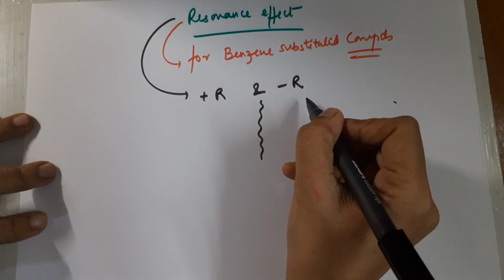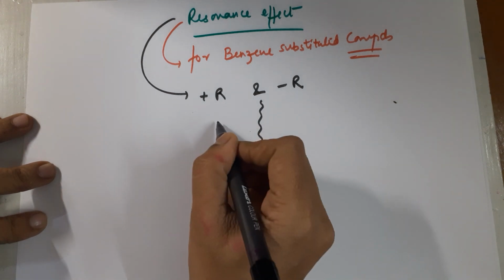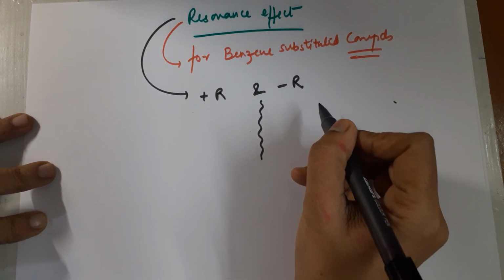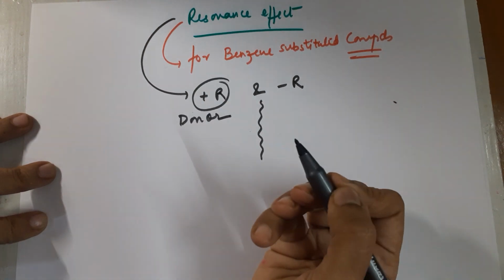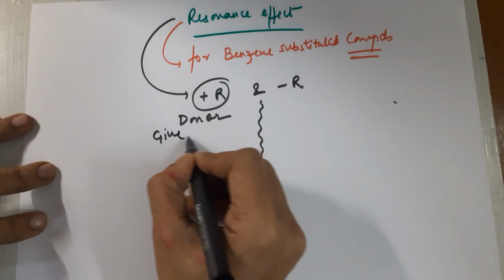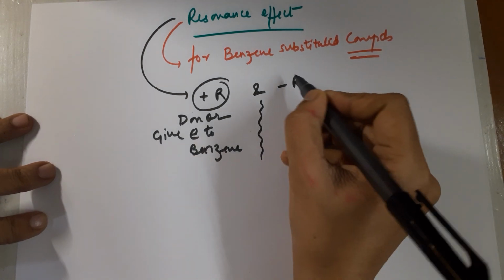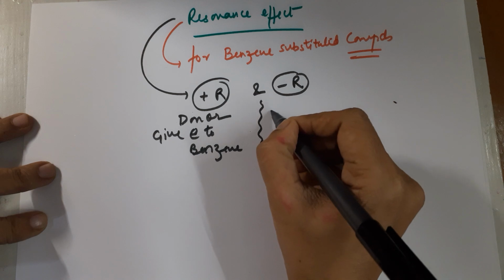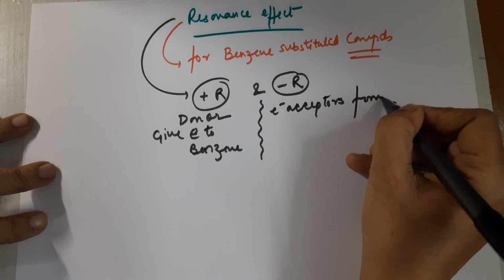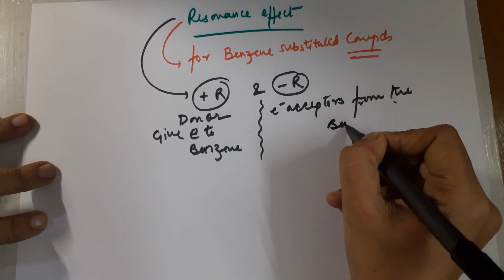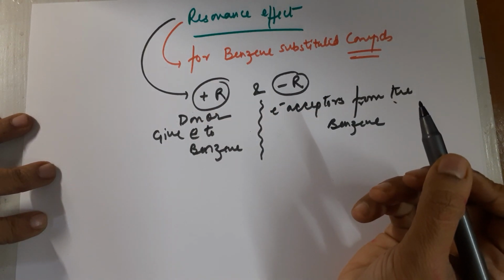You have a different set of groups for plus R and a different set of groups for minus R. Plus R groups are also called donor groups because they give electrons to your benzene ring, while minus R groups are electron acceptors from the benzene ring. These are the two broad categories of how we define the resonance effect.